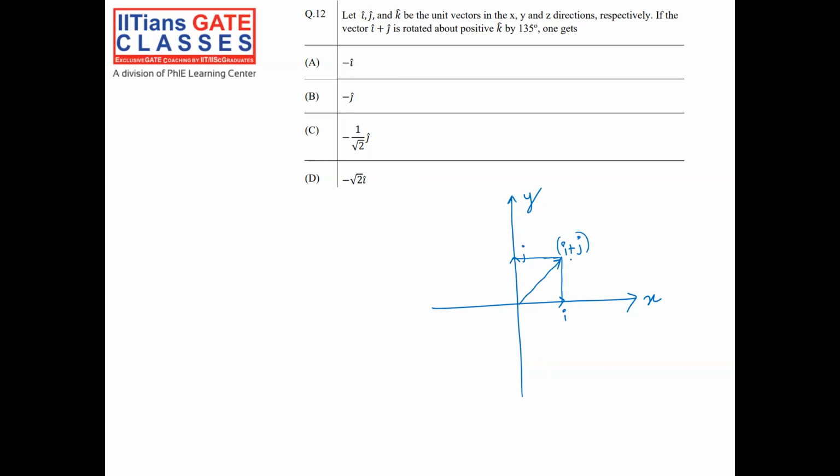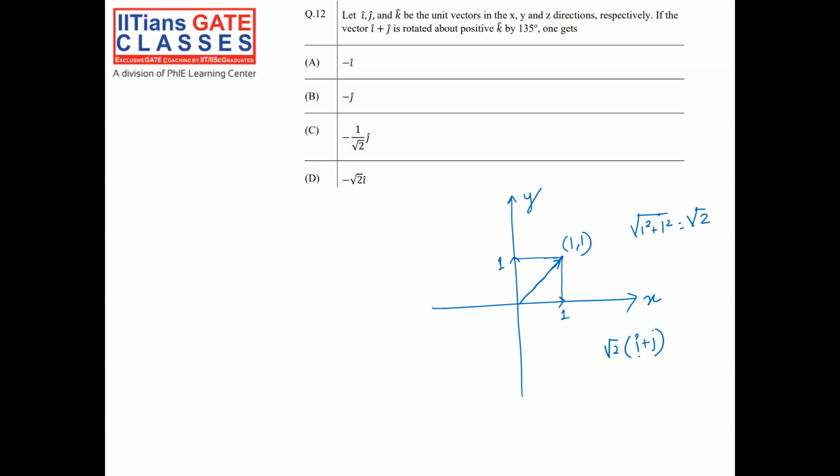Magnitude of this vector would be root 2, because we can say, let's say this is point 1, this is also point 1, and this point would be 1, 1. So under root of 1 square plus 1 square is root 2, the magnitude of this vector. So this vector is represented by root 2 times the unit vector along i plus j.